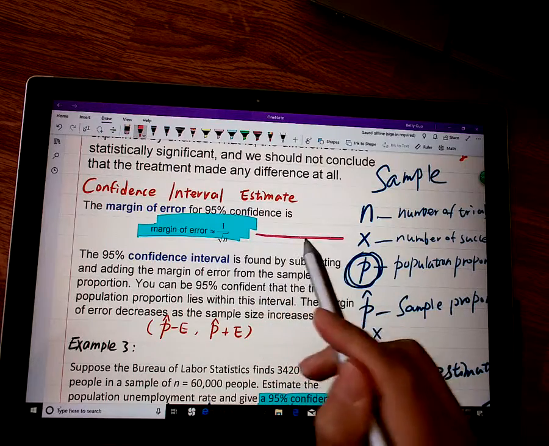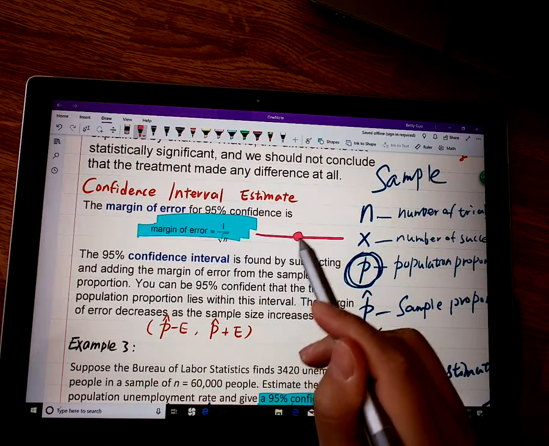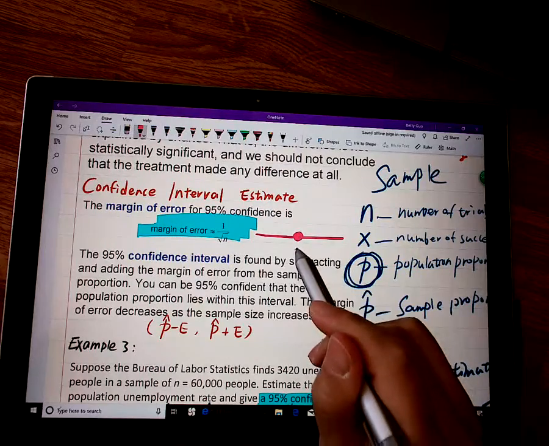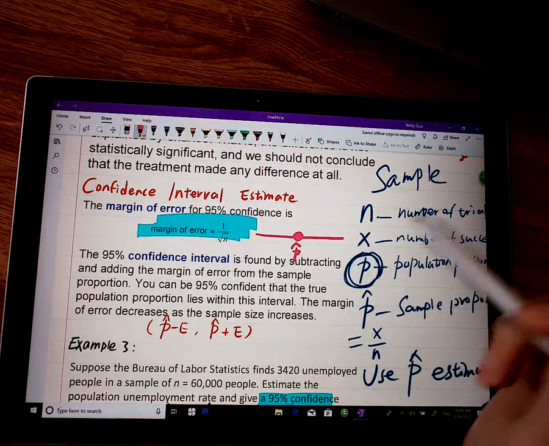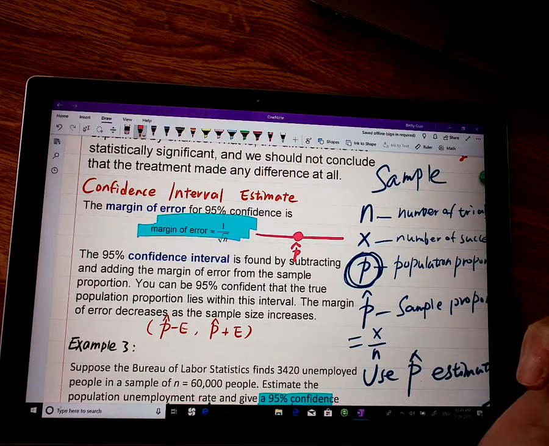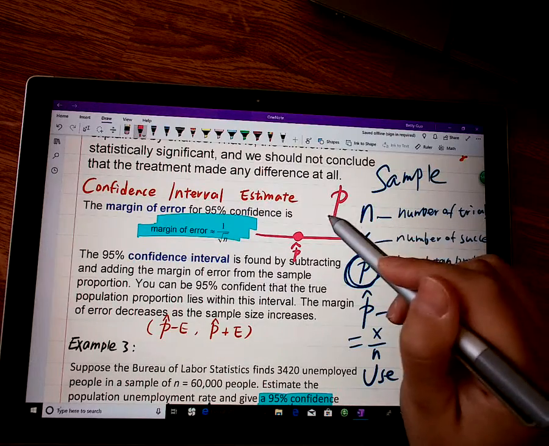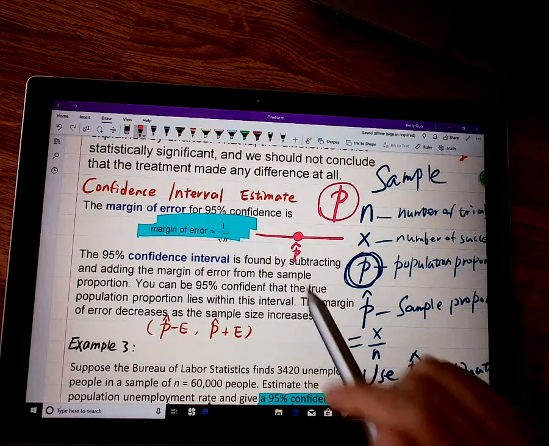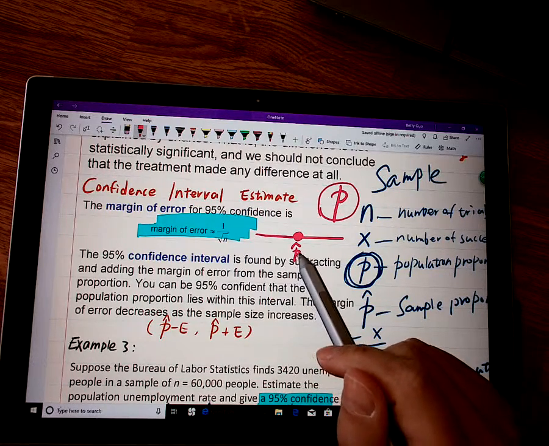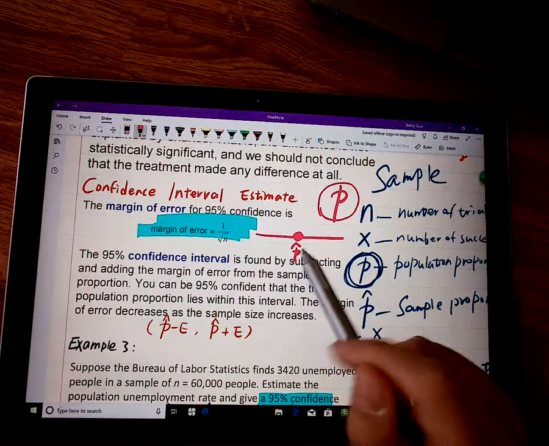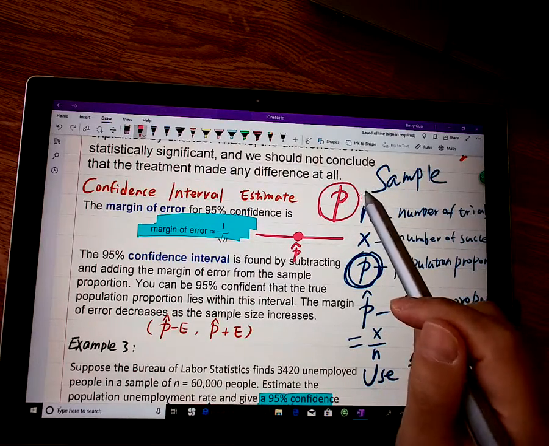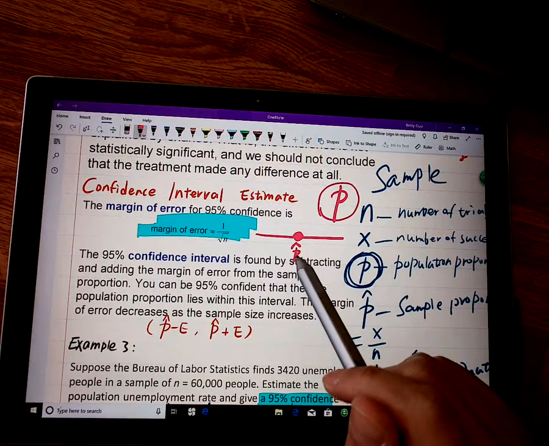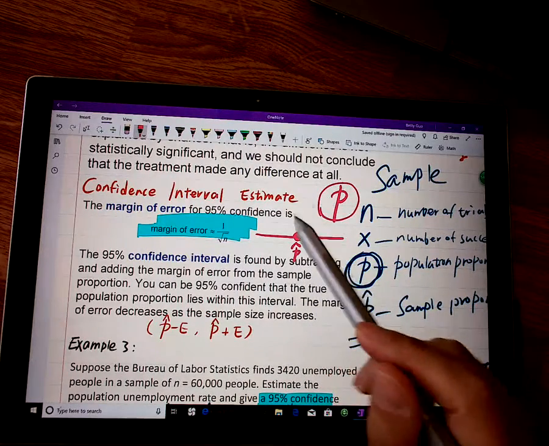A confidence interval is an open interval. The center of the confidence interval is the statistic. We only talk about using a confidence interval to estimate the population proportion P. So the statistic is going to be the sample proportion P hat. Okay? Population proportion P is just the percentage in the population, and the sample proportion is the percentage in the sample.